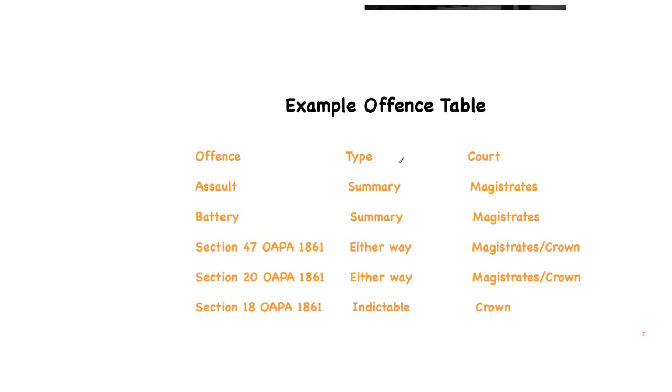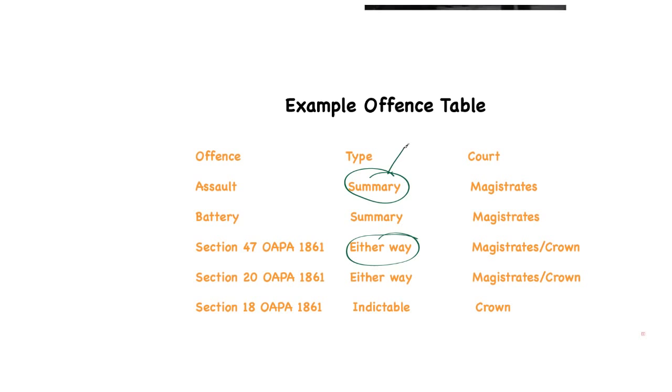Just out of interest, actually, summary refers to the way that the defendant is ordered to attend court normally. So it's normally a written order delivered by post. So they are summonsed. And that's where the word summary comes from. Either way is normally at the defendant's option. So the defendant will choose which court. It can be ordered by the magistrate.